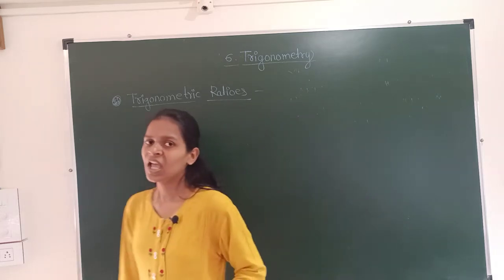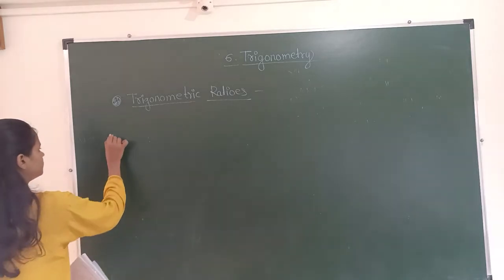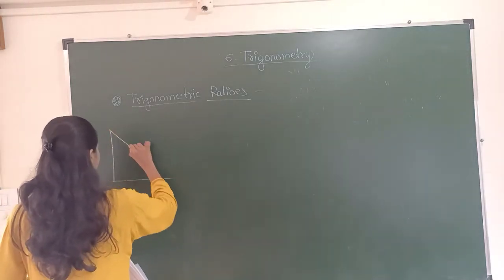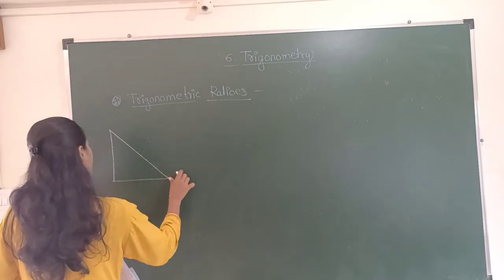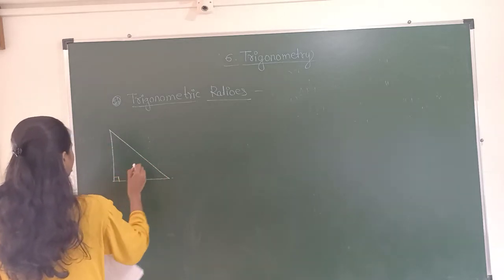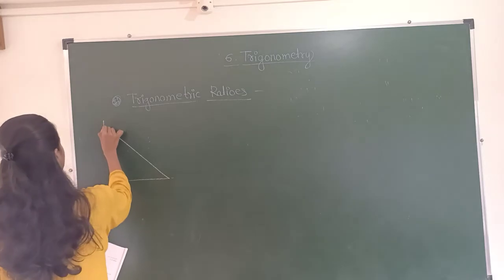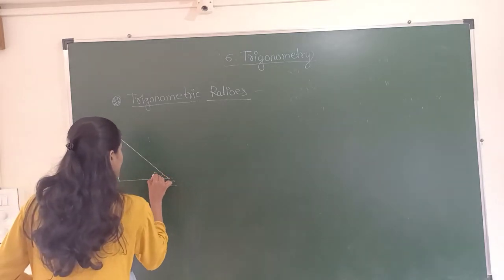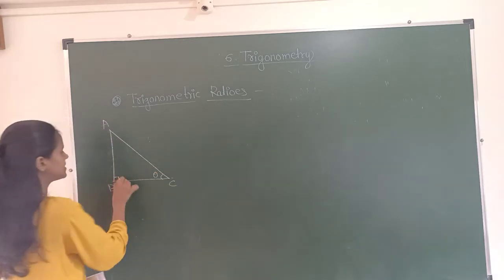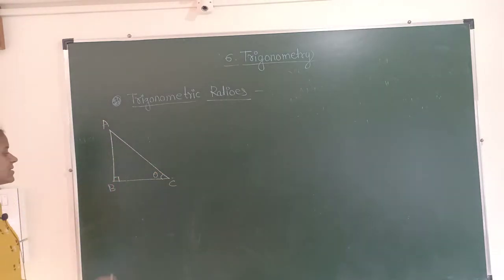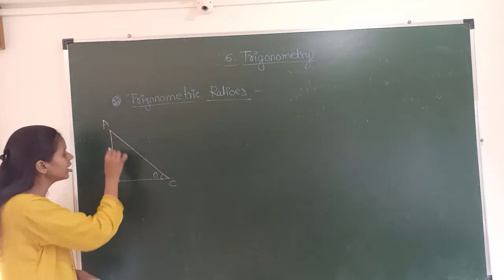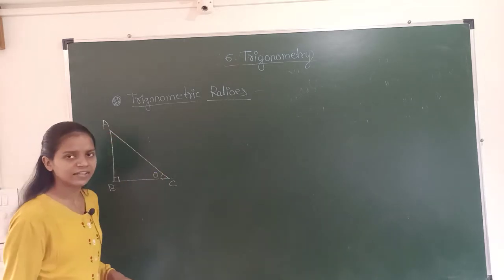So for that we will first draw a diagram, a right angle triangle. We will name it A, B and C. This angle is theta. B is the 90-degree angle. This is a right angle triangle, so obviously B is 90 degrees and angle C is theta.